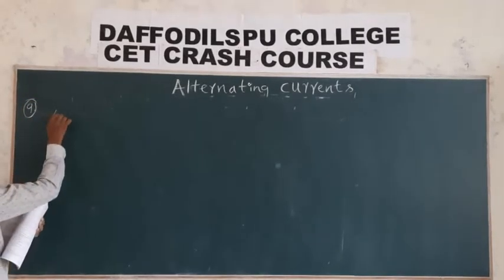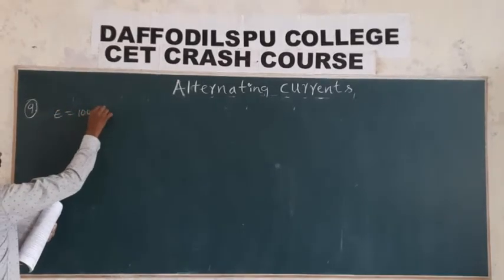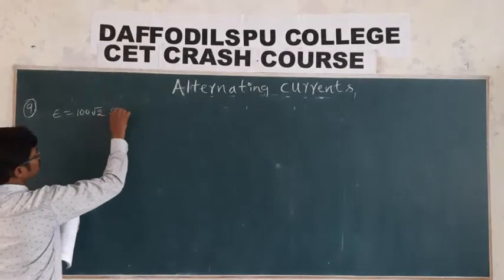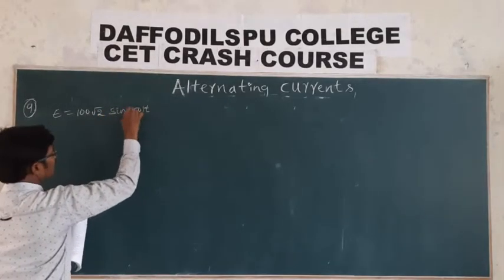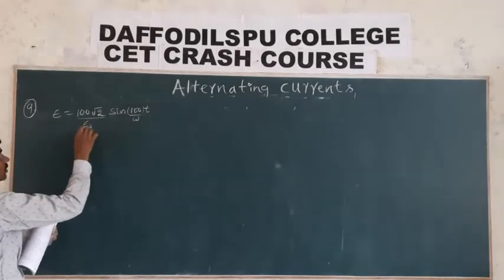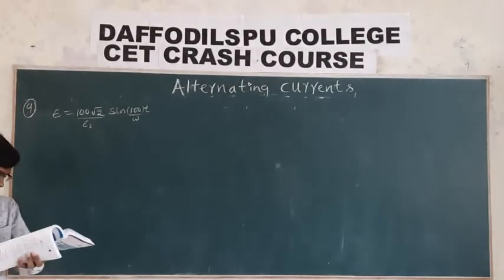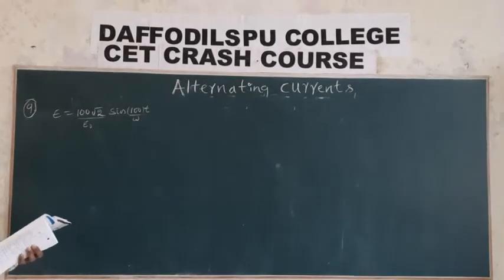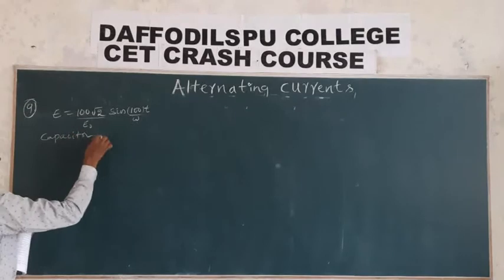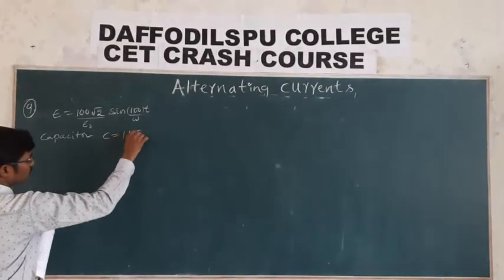E is equal to 100 root 2 sin 100 t. 100 is omega. 100 root 2 is nothing but the peak voltage. It is connected to a capacitor, C is equal to 1 microfarad.